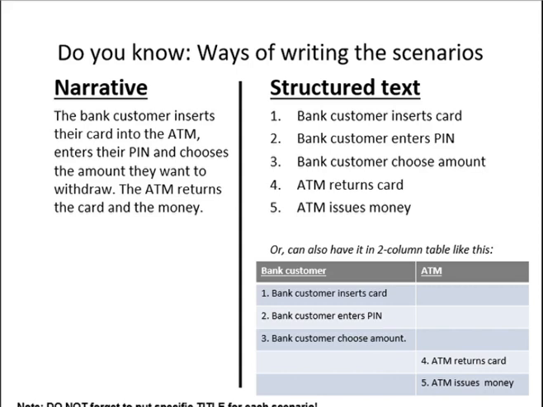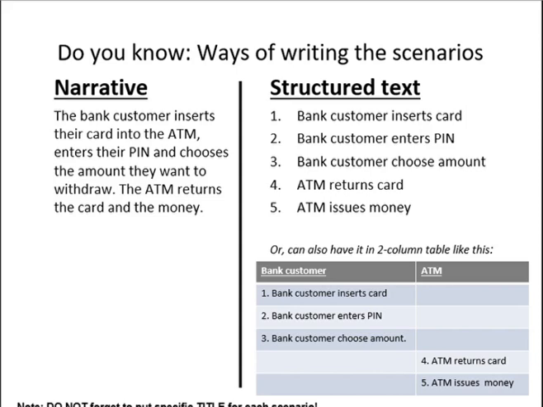And also you can have the 2-column table below there, where you split the table into 2 columns. One is for the user and one is for the app or the system. So just write the steps for the customer or the user, and it has to be in sequence.